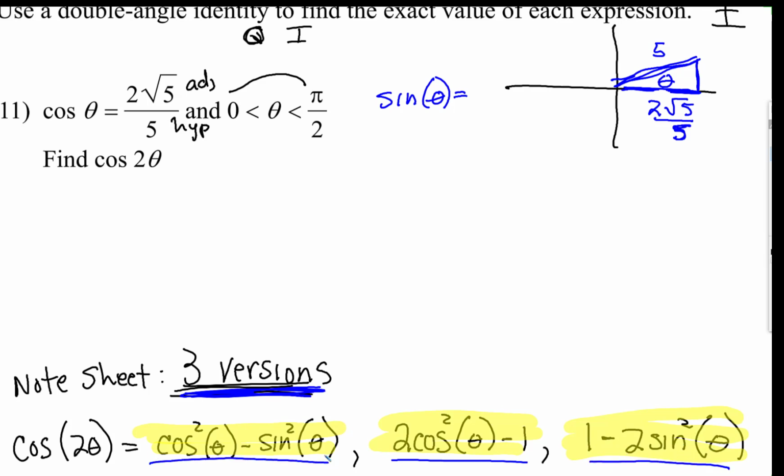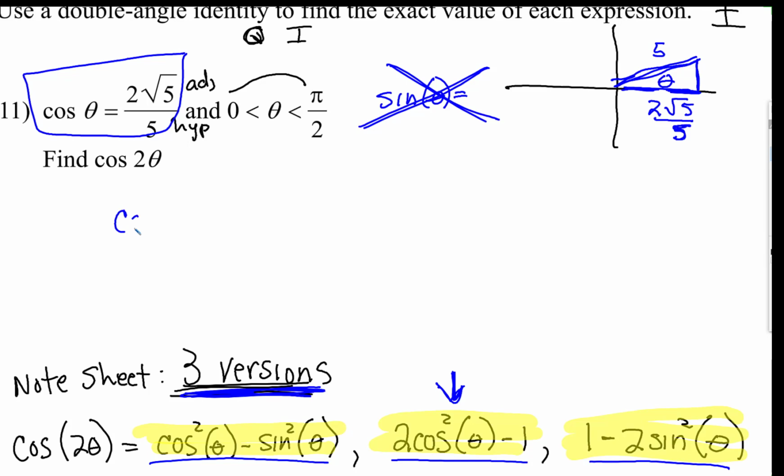These are your 3 options. So here's the cool thing though. You look at the information they give us. We don't even have to worry about finding sine, because look at this function right there. All we have to know is cosine. So we can say cosine 2 theta, we're going to use this version, is 2 cosine squared theta subtract 1.